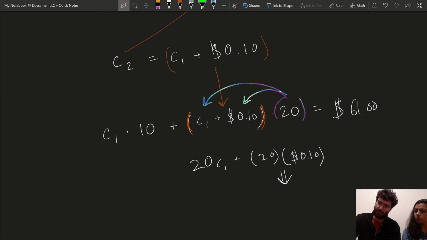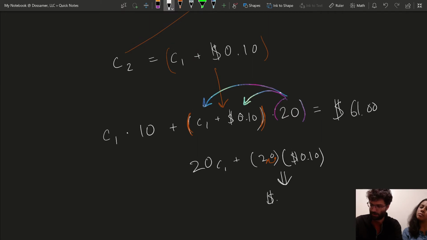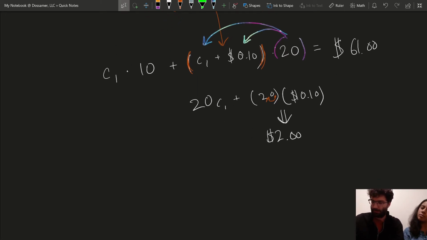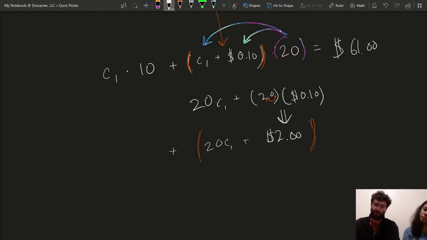$2, and just to make it very explicit for people following at home, we can do it as 20 times 10 cents, and an easy way of doing that is, 10 cents means that in the multiplication, we're going to move the decimal place on the 20 over once, like that, and so we're going to get $2.